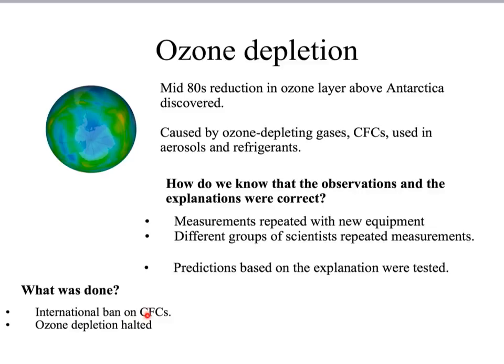Halting ozone depletion is actually one of the few environmental success stories showing global cooperation and what that can achieve. With issues such as global warming, despite the fact that there are numerous different scientific investigations and numerous different pieces of evidence all leading to the idea that global warming is happening and it's happening quickly, and despite predictions of occurrences that are actually starting to happen, people are still reluctant to go along with the idea.